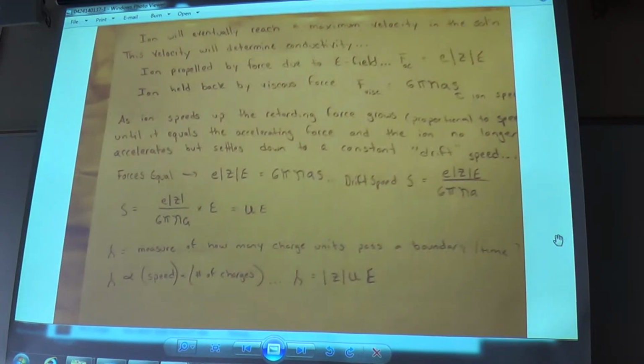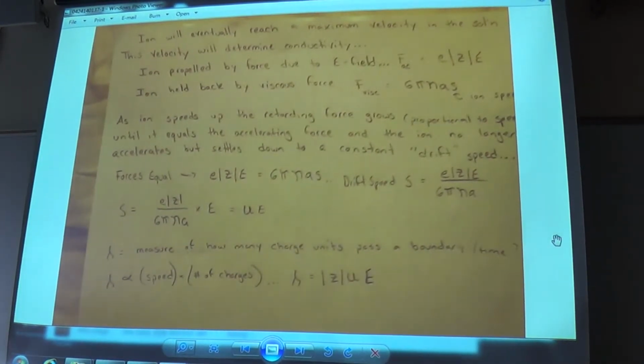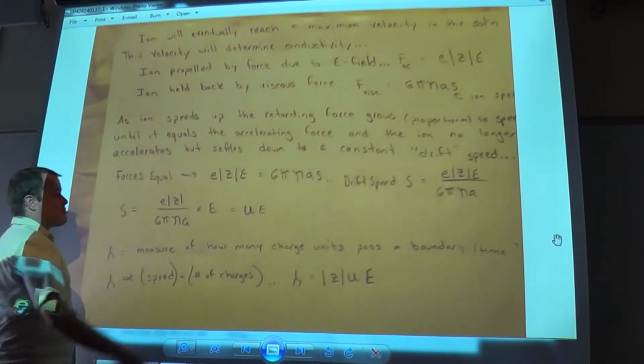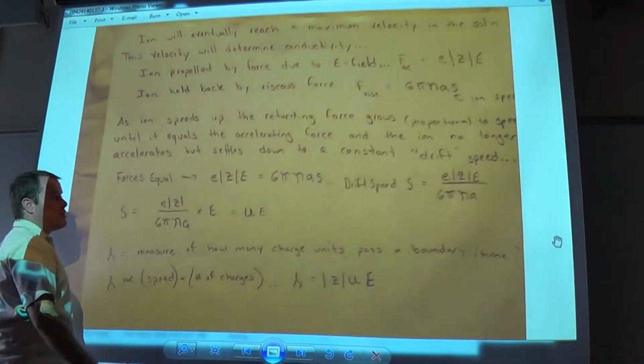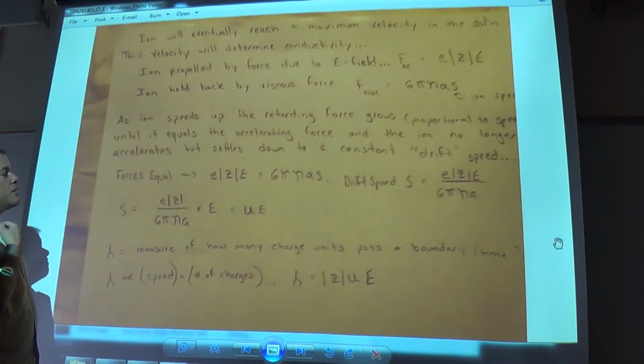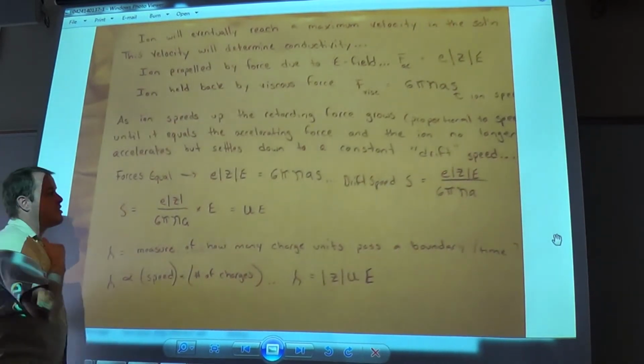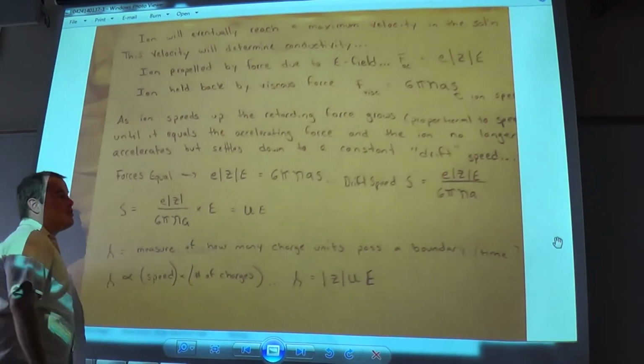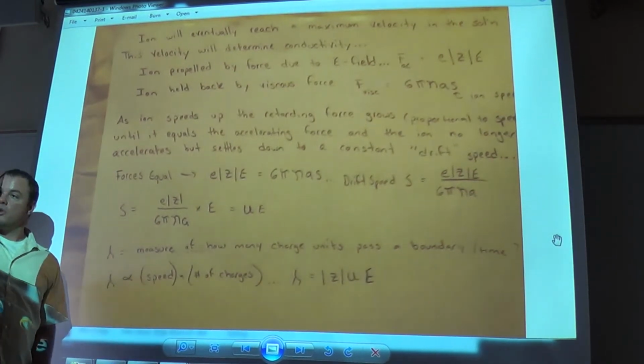The larger the size of the field, the faster that thing moves. So the force is propelling the ion through the solution. e times the absolute magnitude of z times the big E, the strength of the field. These are going to be equal to the retarding force.